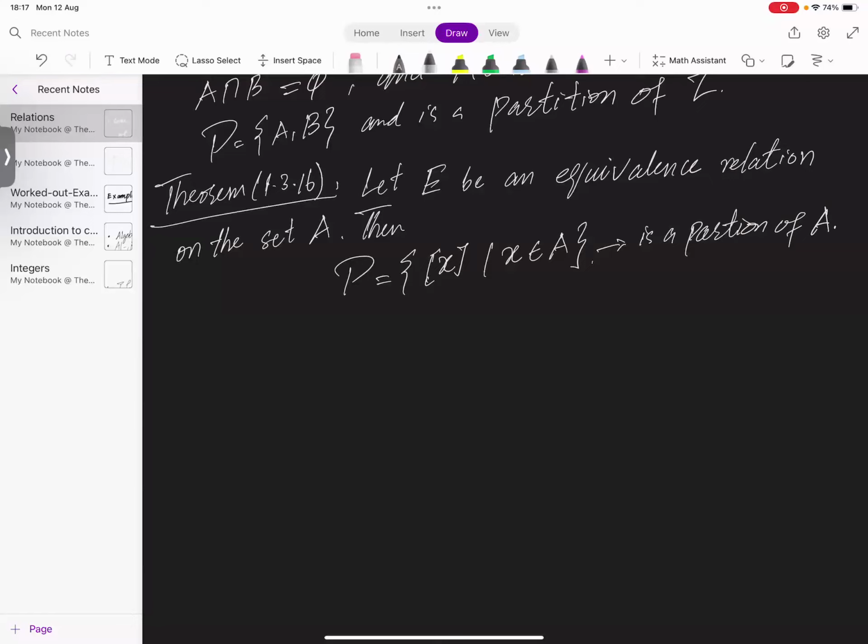An equivalence relation gives us the equivalence classes, and the partition contains all those equivalence classes.